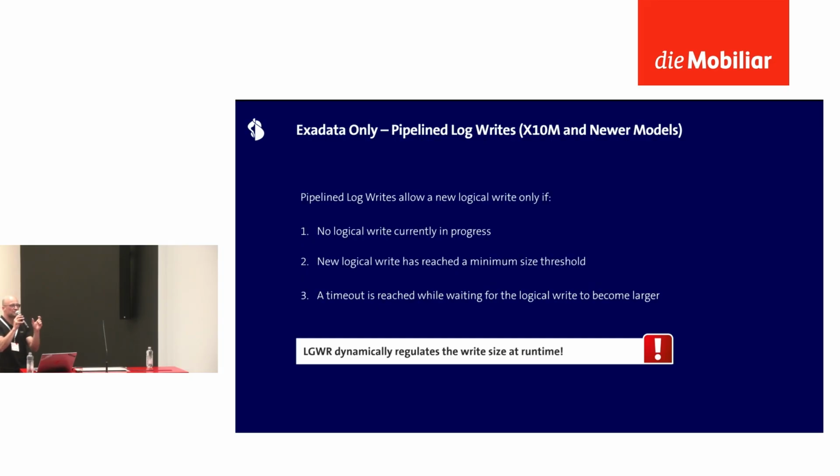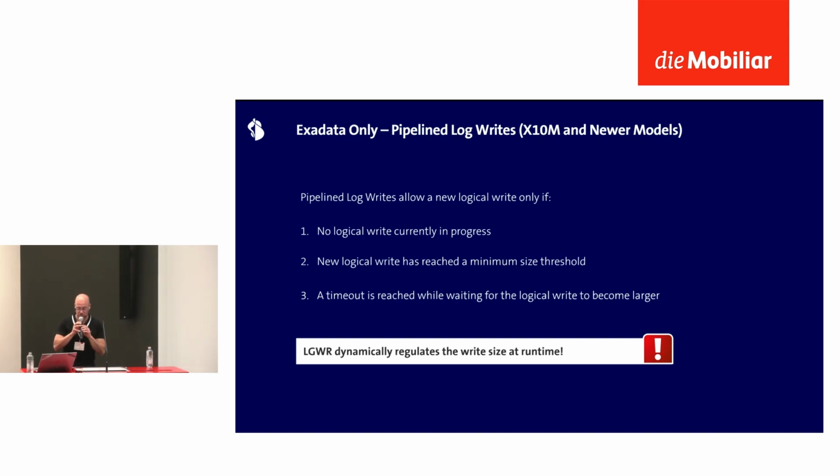Oracle computes what is the ideal write size for the given workload right now, and only if that write size is reached it issues an IO. And while waiting for the right size to be accumulated in the log buffer, it waits until a timeout is exceeded in order not to penalize the committing sessions too much.